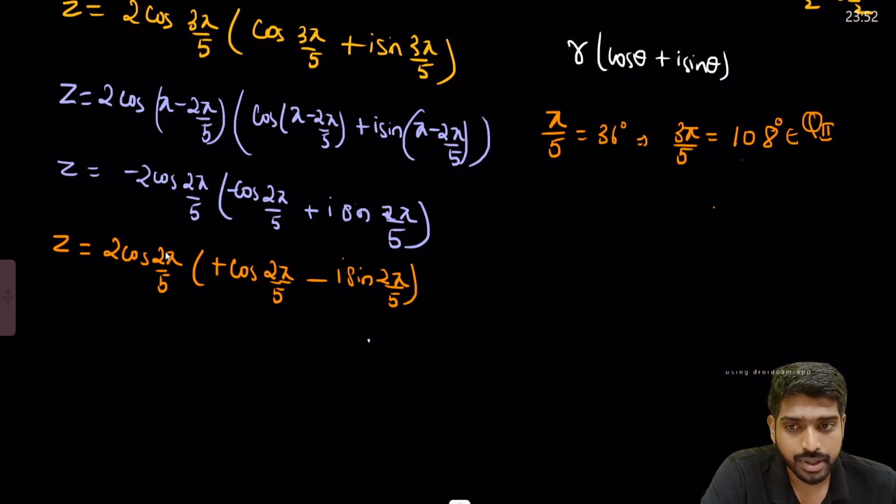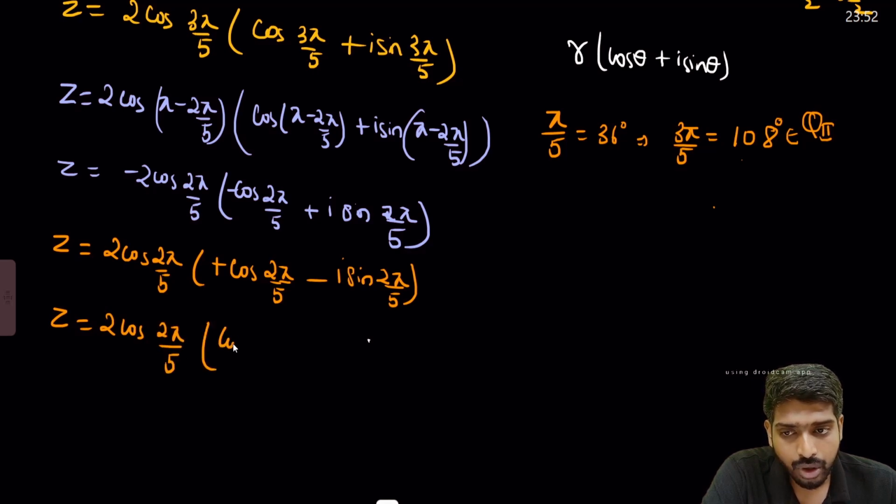Our r became positive. Now here I want cos theta plus iota sin theta, so this minus also I'll send inside of sine. I can write z is equal to 2 cos 2 pi upon 5 times cos 2 pi by 5 plus iota times sin minus 2 pi by 5.